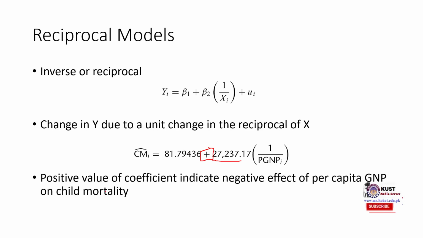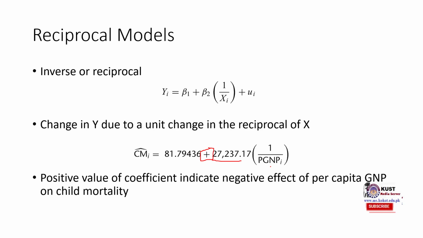This positive sign in case of the reciprocal model indicates the negative effect of per capita GNP on child mortality. So here, because the sign is positive, a normal interpretation, if it wasn't a reciprocal model, would be that a 1 unit increase in per capita GNP would lead to an increase in child mortality, but it doesn't make sense, right?